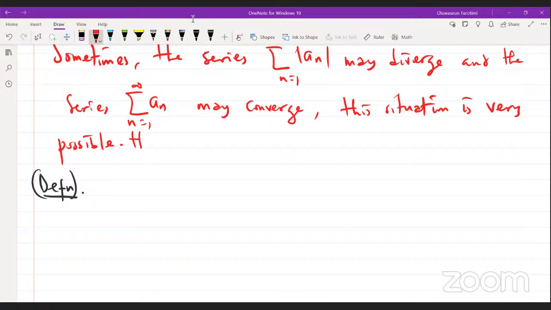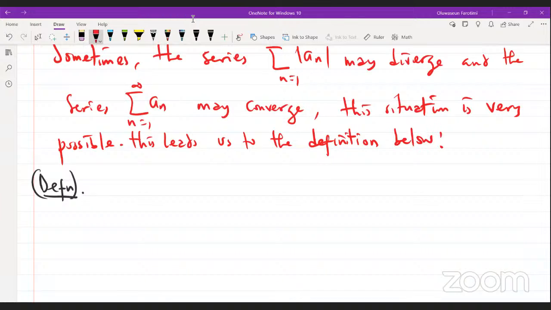So this leads us to the definition below. Okay, I think it's better to come from this angle rather than from what I was trying to prove the other time. So this leads us to the definition below. And that's conditional convergence.